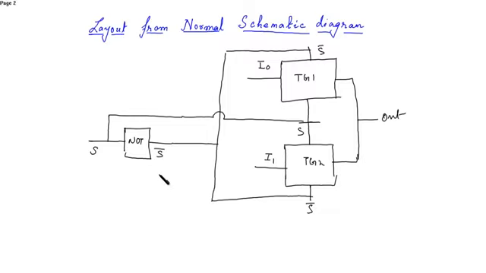So now let's see the layout. When we say the normal schematic, first we will draw the transmission gates. For that you need the N well, then we need the P diffusion layer, and then we need an N diffusion layer.